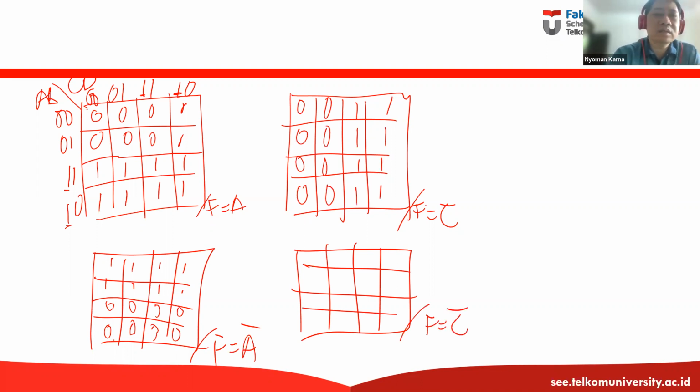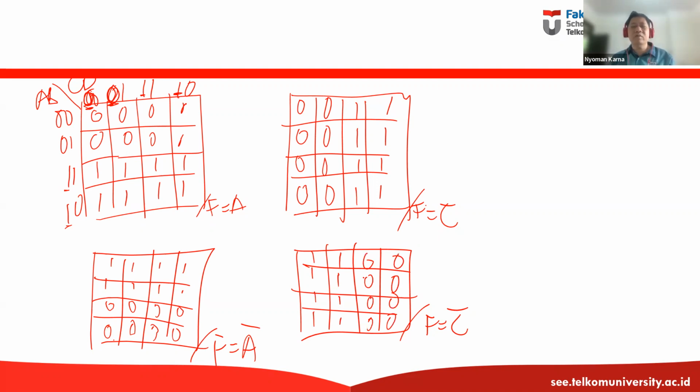C naught is this one and this one. So these are the cells that are active and the rest are 0, not active. Okay, so this is A and C, either A or A naught and C or C naught.